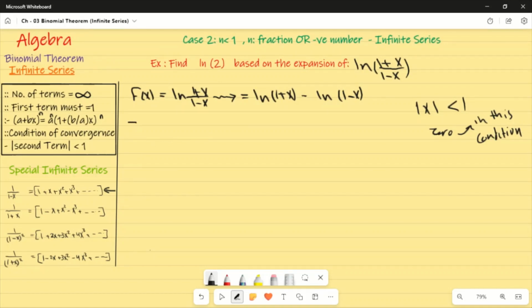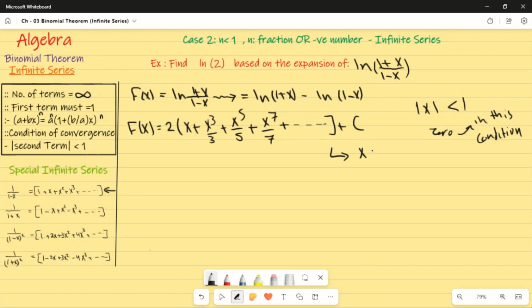So just rewrite this function again: x plus x cubed by 3 plus x power 5 by 5 plus x power 7 by 7 plus, and this plus the constant of integration. To find this constant, just substitute x equal to 0 in both sides.